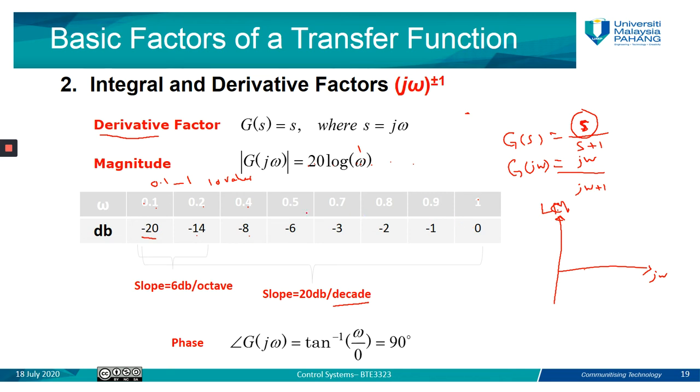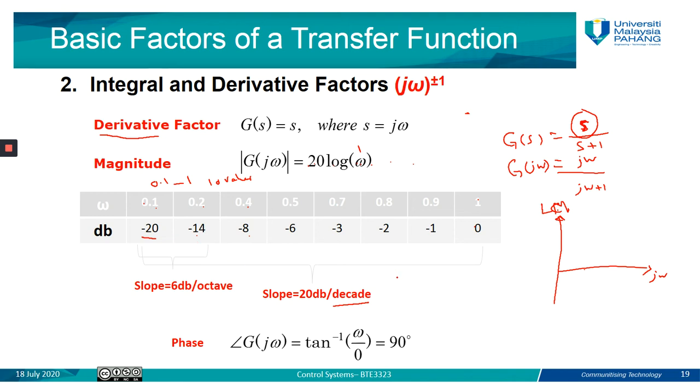That means within 10 values or one decade, our log magnitude changed by 20 dB. So from here 0, here negative 20. It means the difference between the two values from the beginning of the decade until the end will be 20 dB.